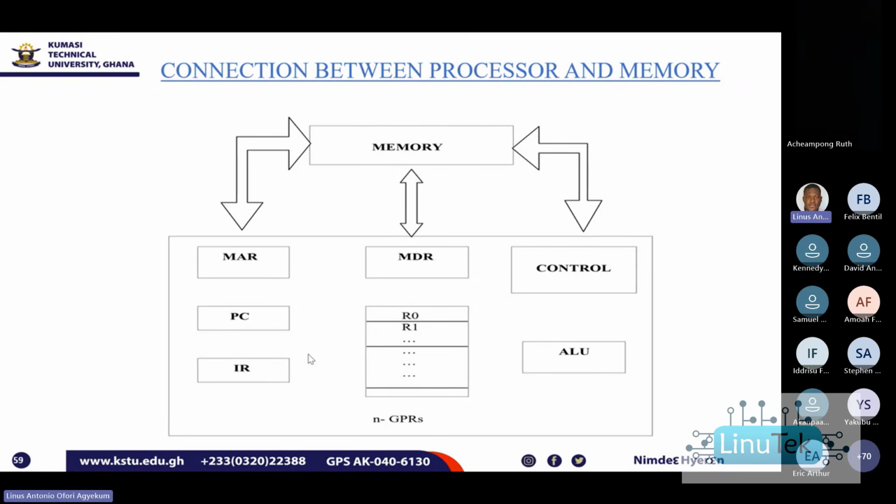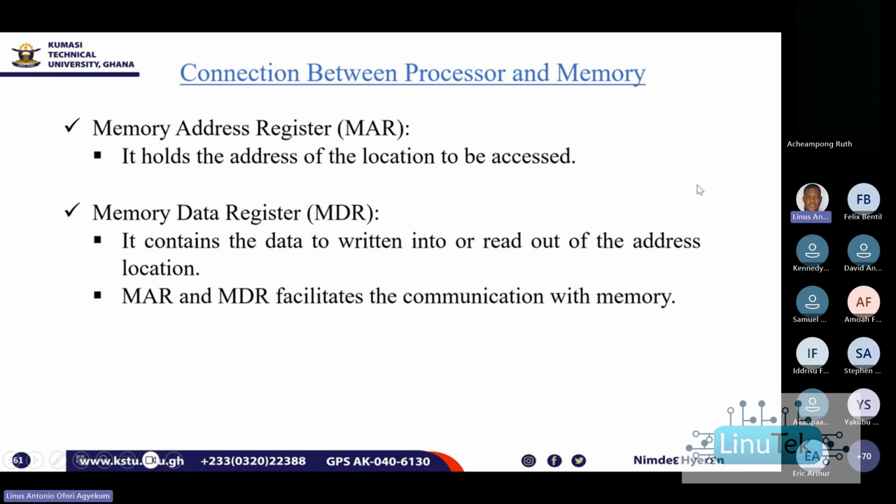Because you are supposed to see the screen. Yes, sir, we are seeing it, sir. All right. So then, David, check the strength of your internet. All right. Now let's continue.